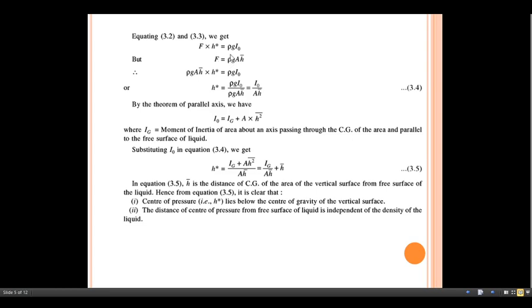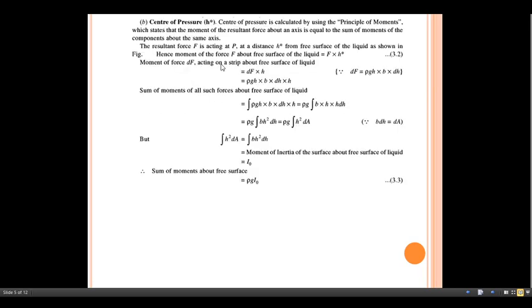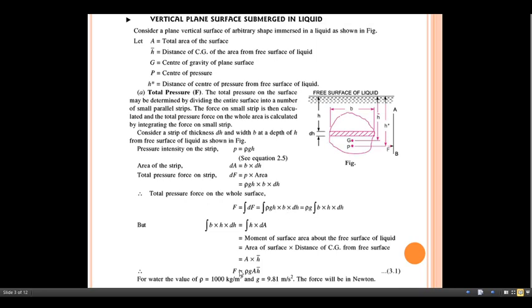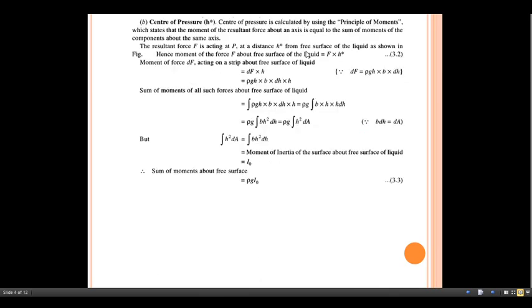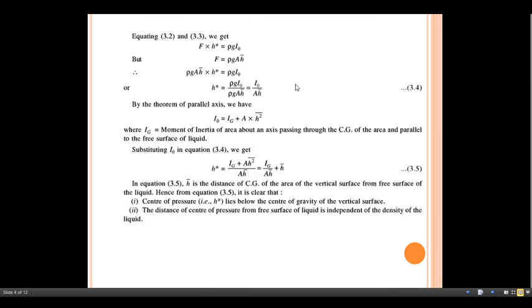After that, just simplify. The rho g term will remain as it is. But we know this one; we have already done the analysis here: F equals rho g a h bar. So this term is already with us.